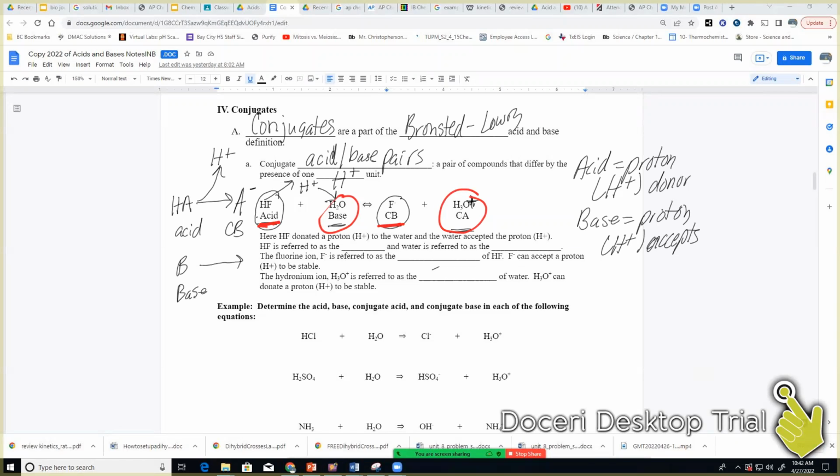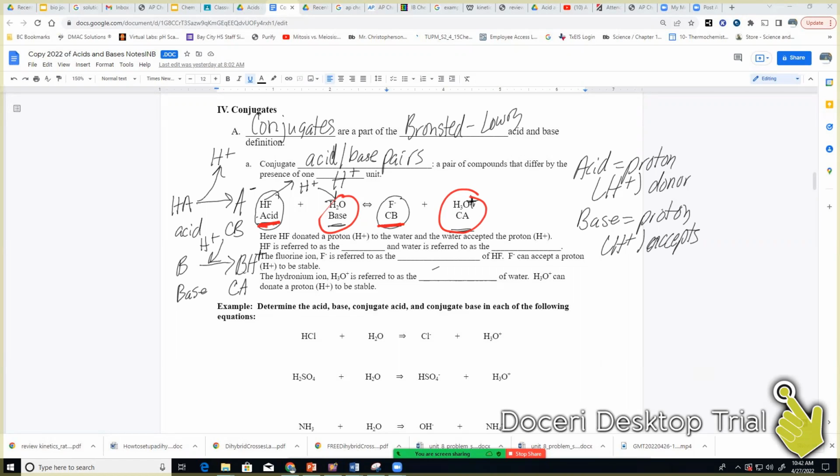We said it gains that hydrogen. So BH plus, that would be the conjugate acid. So if it's an acid as a reactant, it'll lose that hydrogen and become a conjugate base, the opposite kind of conjugate. If it's a base, it's going to gain and become the opposite kind of conjugate.